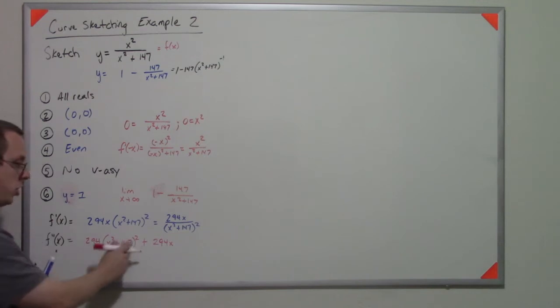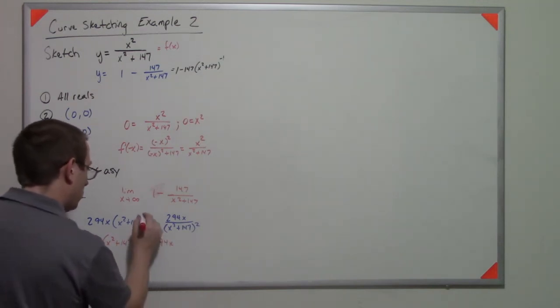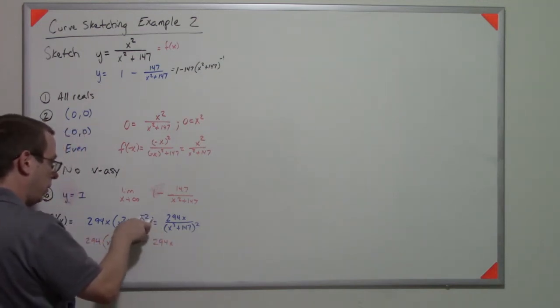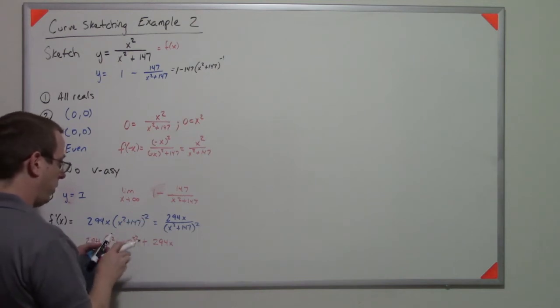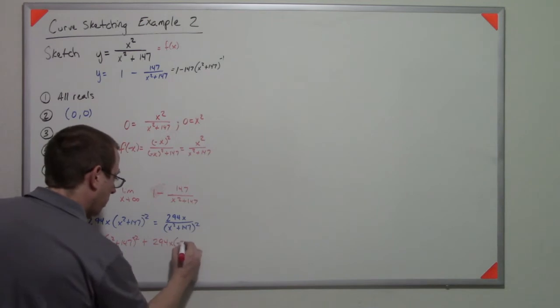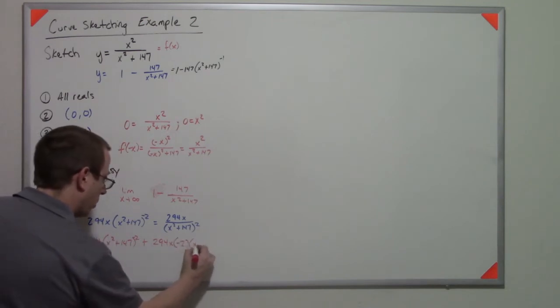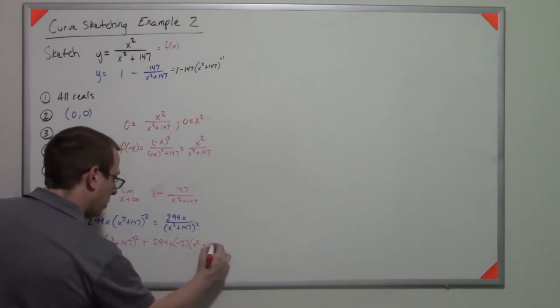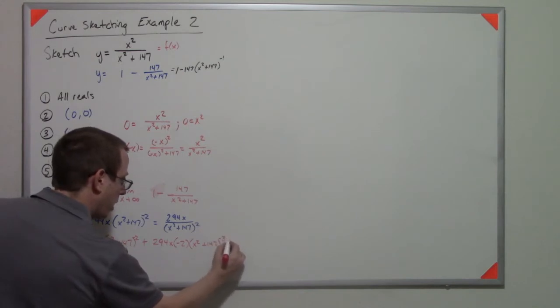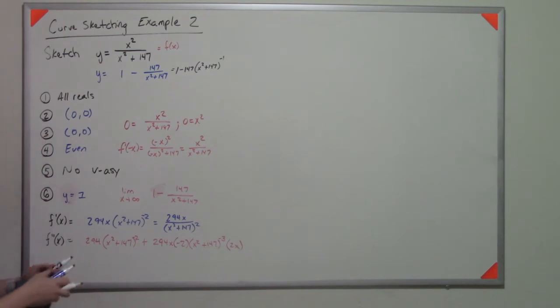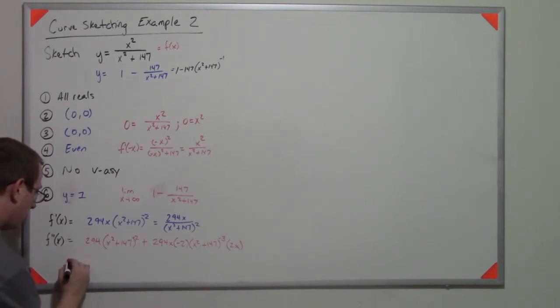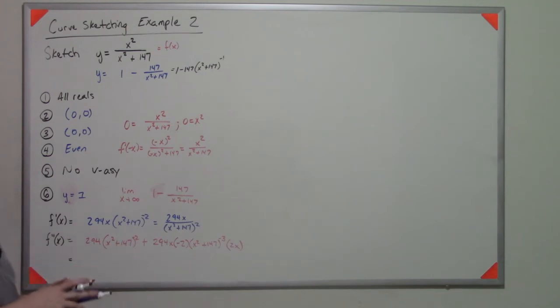Now this you're going to need the chain rule, so you bring down the exponent, that's a negative 2. You subtract 1 from the exponent, that's a negative 3, and then you take the derivative of the inside, that's a 2x. So then when you combine this, what you're going to see is you have this x squared plus 147 in common.